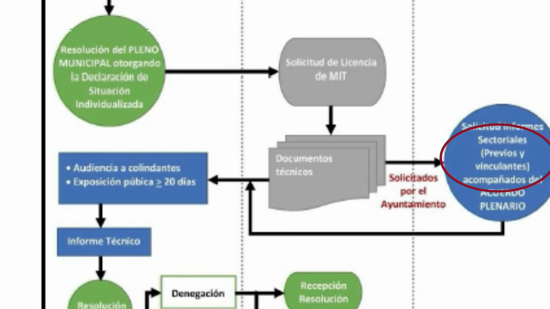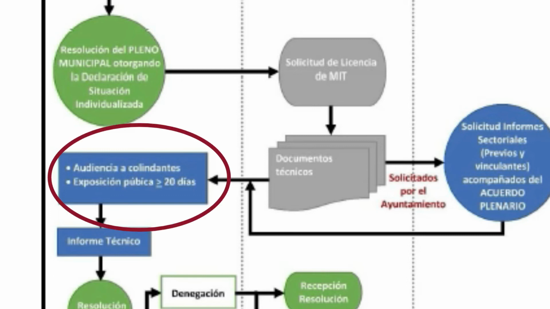Now we're getting from the blue circular bubble, which is requesting those sectorial reports, we get fed into the left-hand column again, the one where the rectangular bubble says audiencia a colindantes, which means speaking to the neighbours. And there's a process of publication of the project that you're proposing.